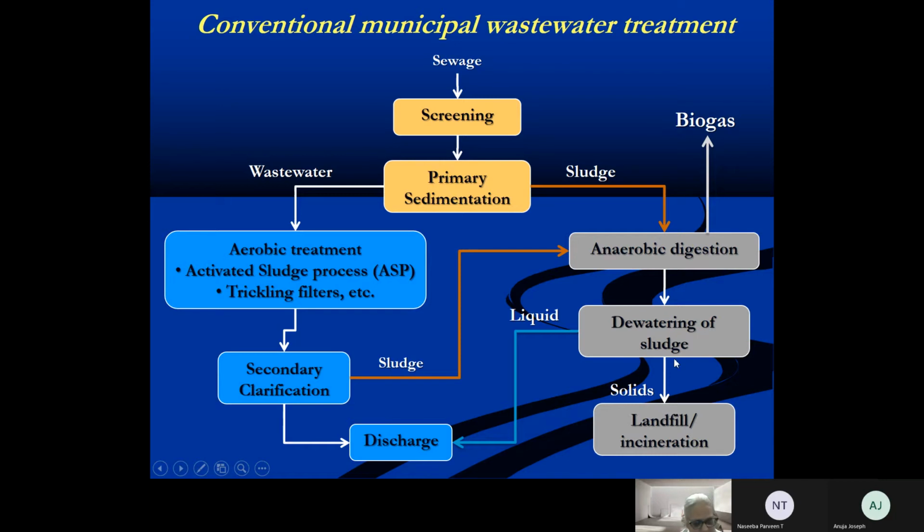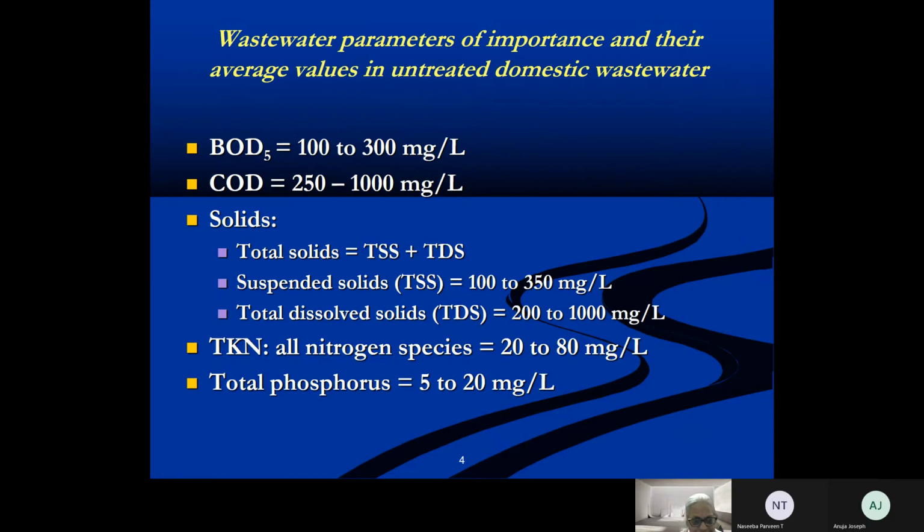That is called dewatering of the sludge. That liquid can again be discharged along with the other materials, and the remaining solids, which are somewhat dry, not entirely dry, can then be taken for landfilling or incineration. That's a very simplistic, in a nutshell, view of municipal wastewater treatment.